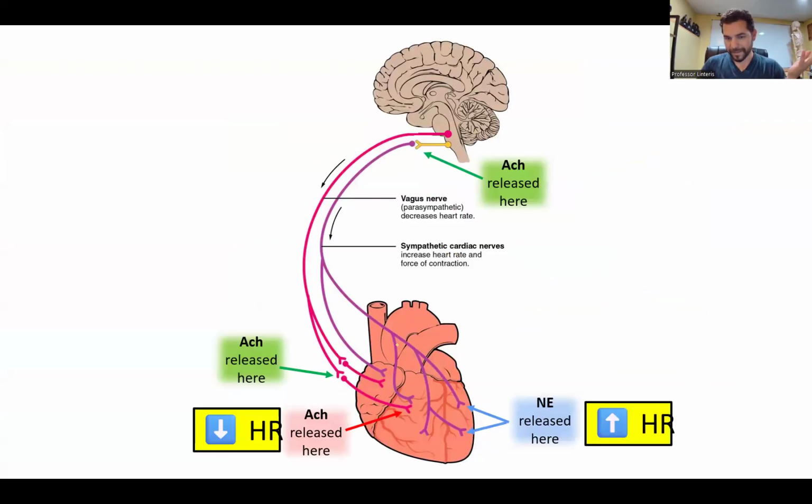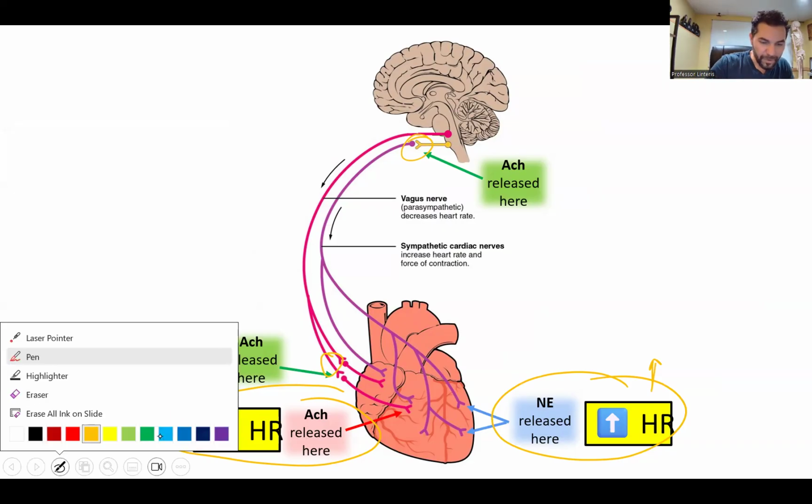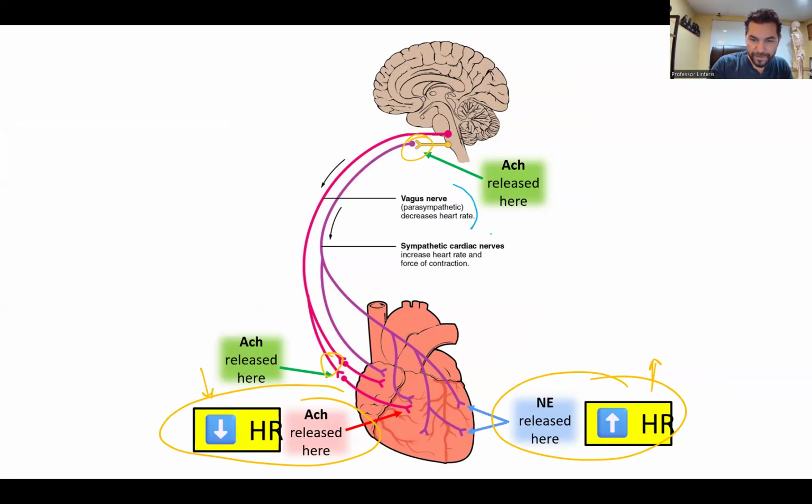This shows the same exact thing, right? ACH decreases heart rate. Norepinephrine increases heart rate. We know that ACH is released here and here at those preganglionic neurons, and that's basically the gist. There are two nerves where this happens.